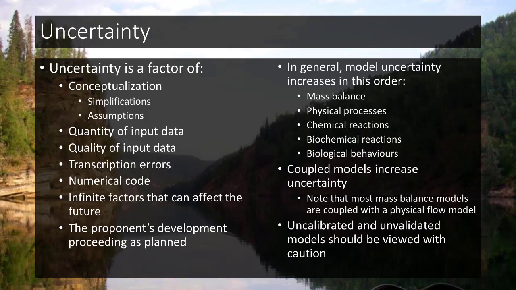Before the project is built, that cooling pond doesn't exist. We can't calibrate our model to something that doesn't exist. We can maybe try and calibrate it to another cooling pond if we have the luxury of having another one available to us. But often it's an uncalibrated, unvalidated model. It's our best guess at what the system will look like. It's much more uncertain than if we have a model that we've actually compared to field data.